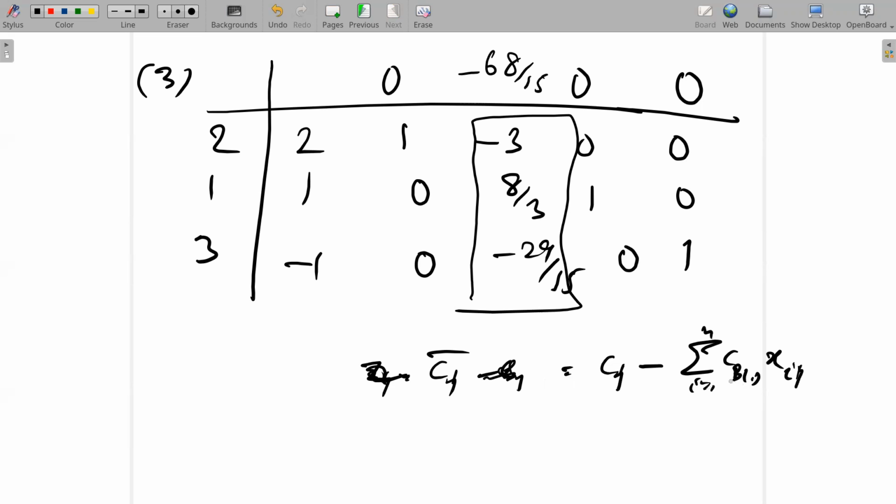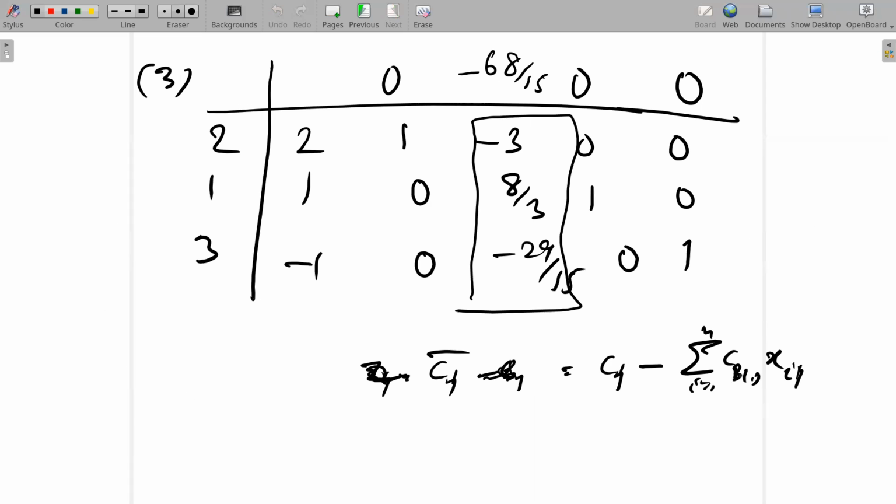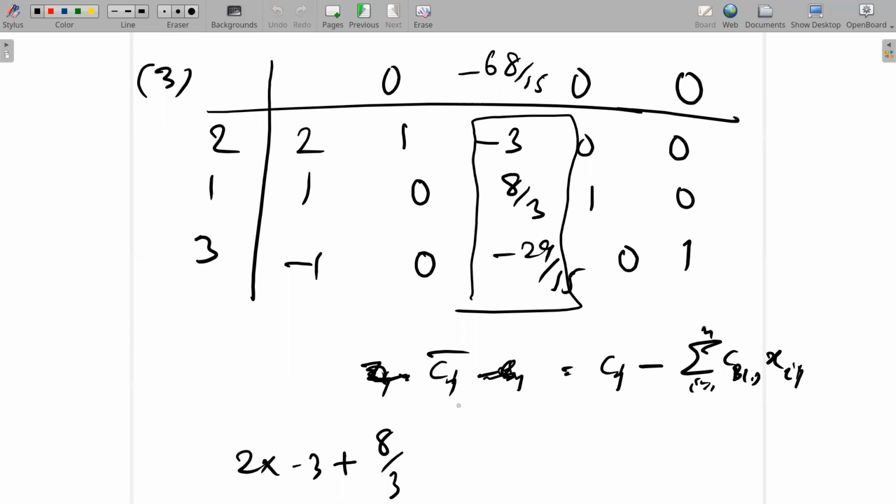That's exactly what we have been doing here. So Cbi corresponds to these 3 numbers, 2, 1, minus 2. For each column you multiply 2, 1, minus 2. For example, here, 2 times minus 3 plus 1 times 8 over 3 and minus 2 times 29 over 15, so plus 58 over 15. Let's see what that gives us.